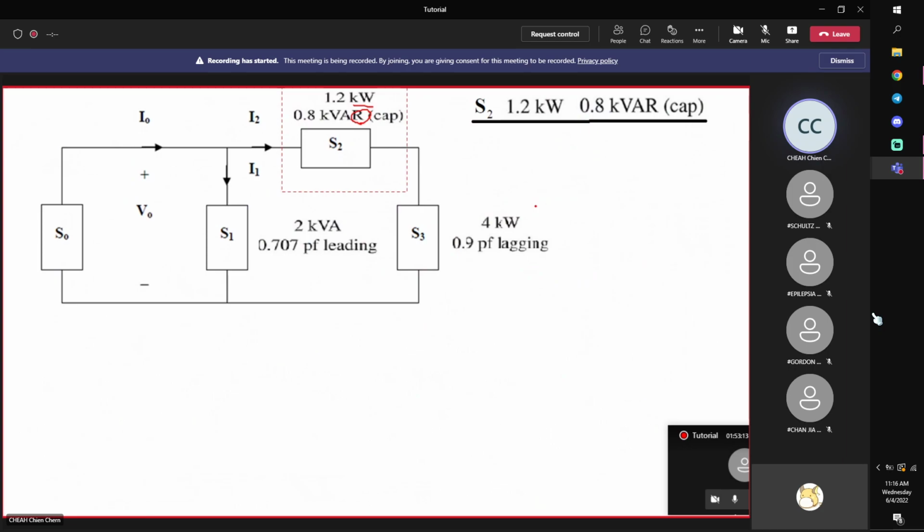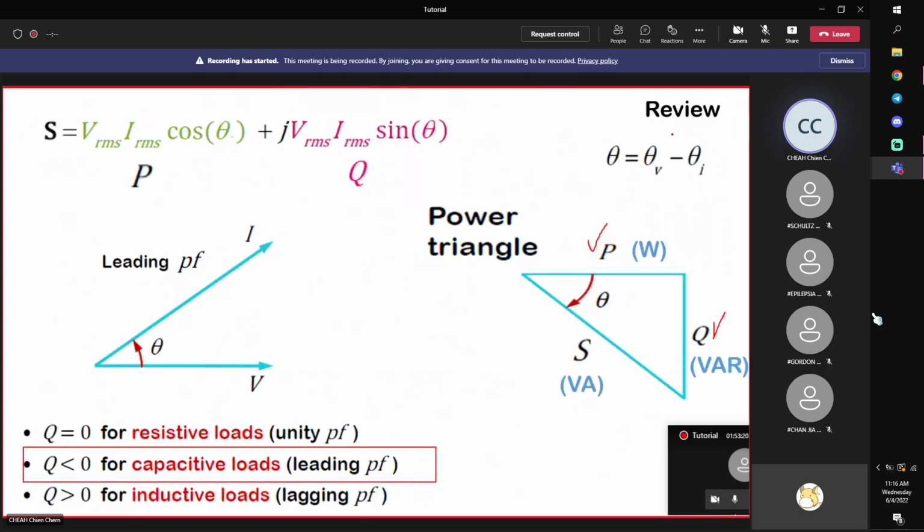So how do you know positive or negative? Here, this is a clue: capacitive. For capacitive loads, you have leading power factors and negative reactive power. So by saying that it's capacitive, it's telling you that you have a negative reactive power.